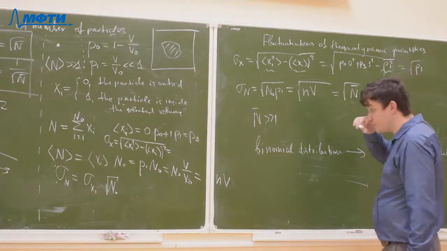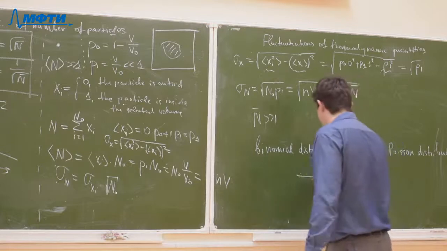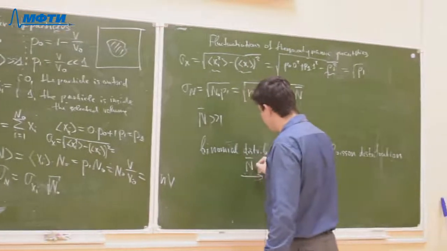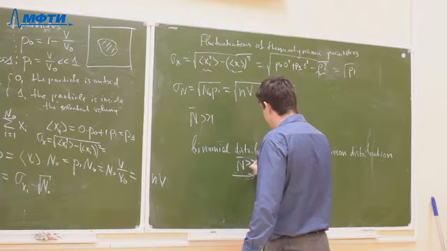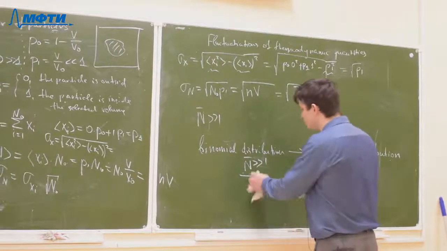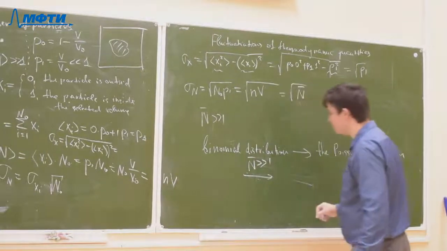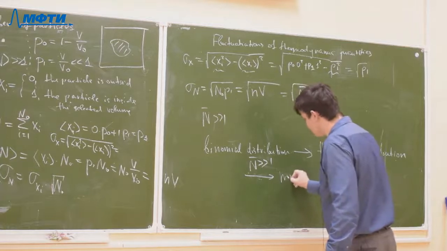And the Poisson distribution, under the assumption that n average is much larger than 1, becomes the normal distribution.